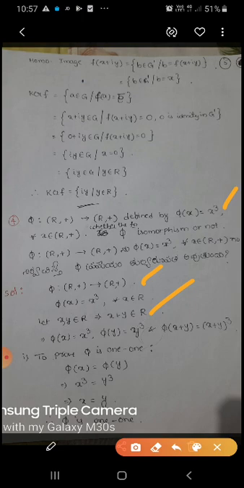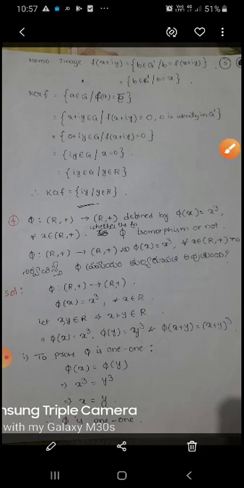So here, to find whether φ is an isomorphism or not, means φ is one-one, onto and homomorphism. We can check these three. If any one of these three can't satisfy the condition, we will say that φ is not an isomorphism.